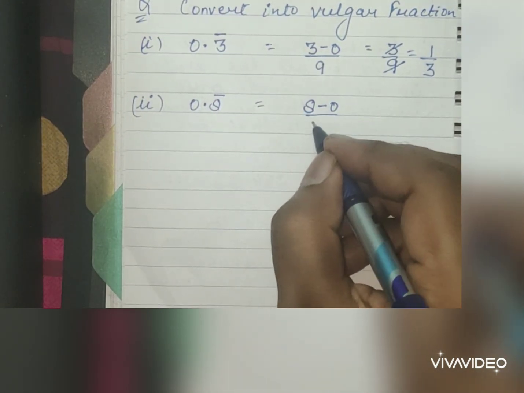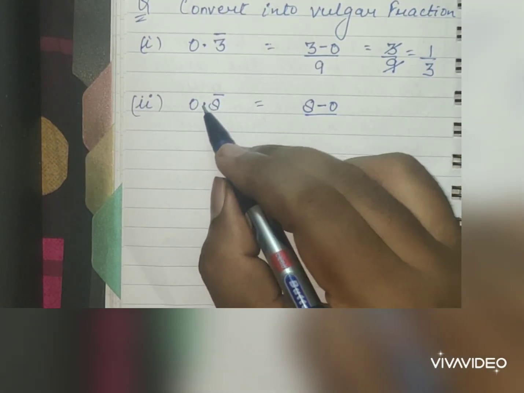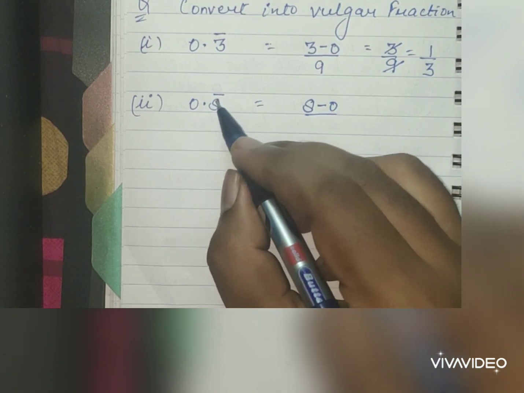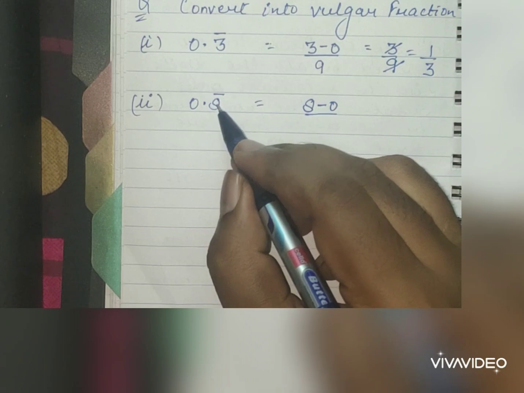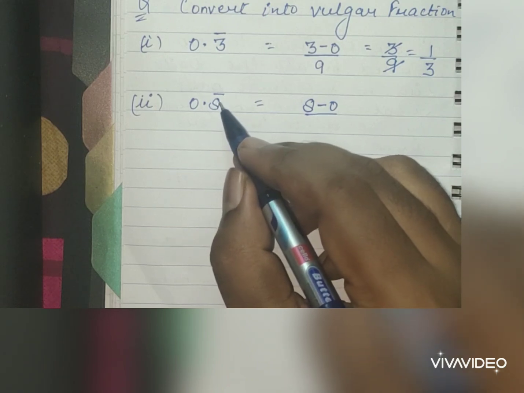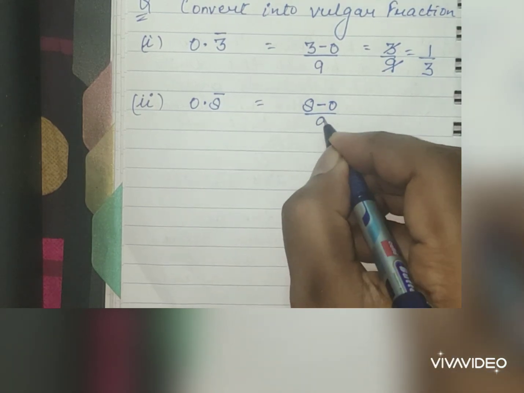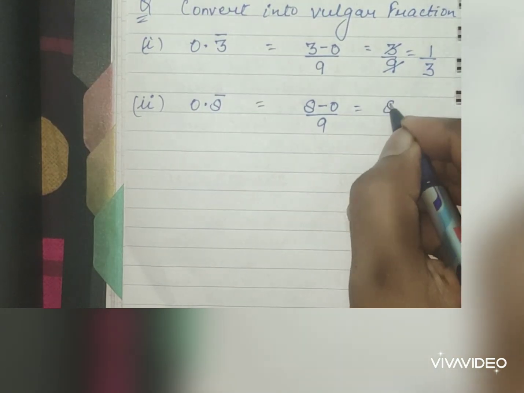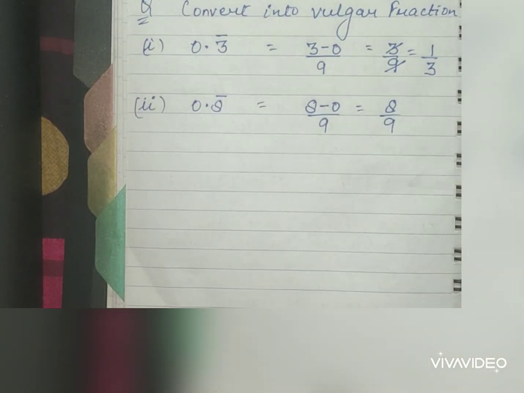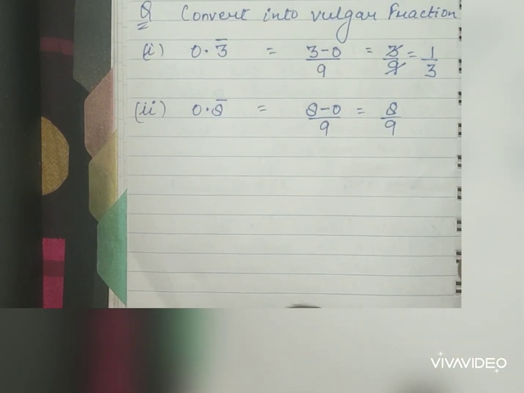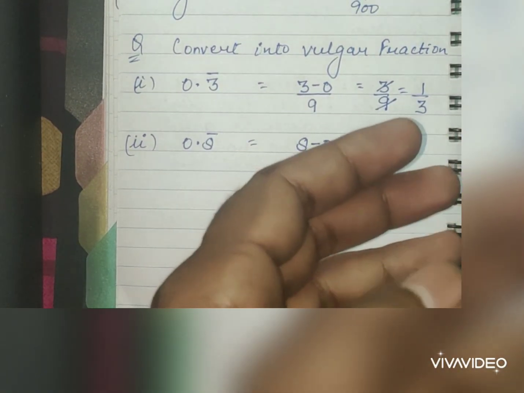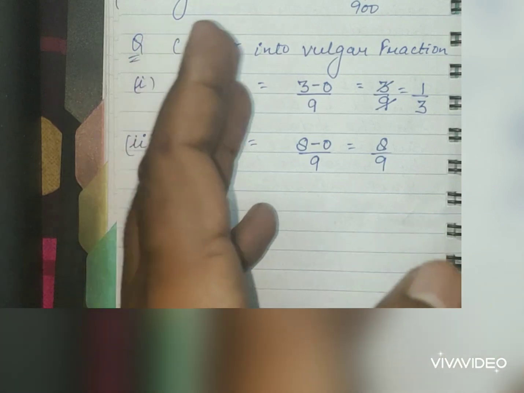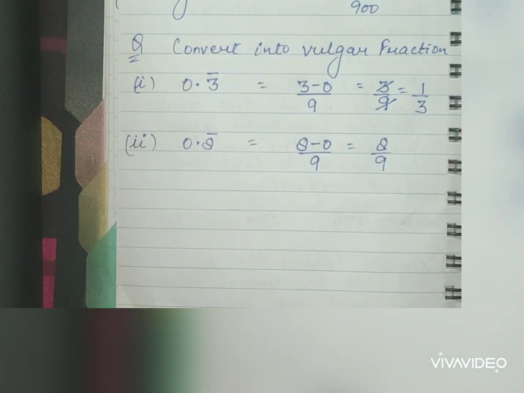And form as many 9s for the repeating digits and as many zeros for the non-repeating digits. So one digit is repeating, so we will write only 1 nine. So this is your answer. I hope you have understood what is a mixed recurring decimal and how to convert a mixed recurring decimal into a vulgar fraction.